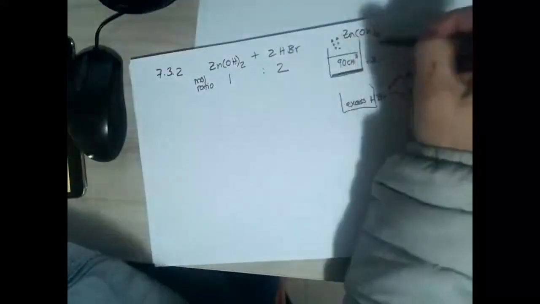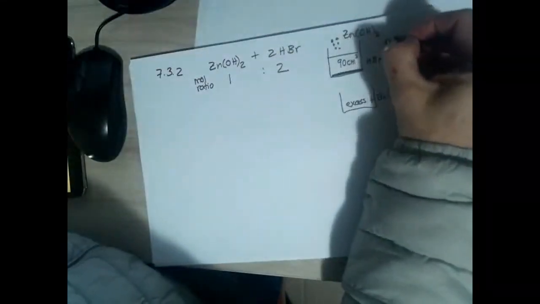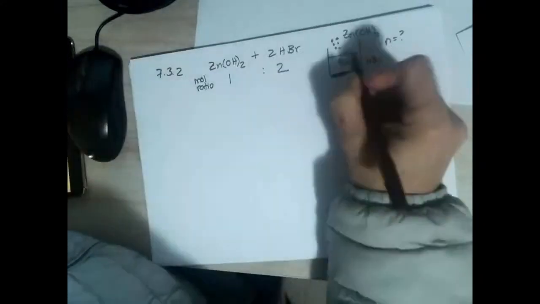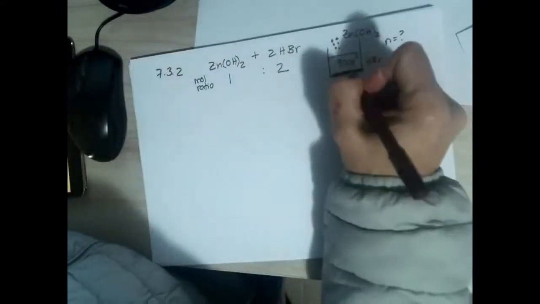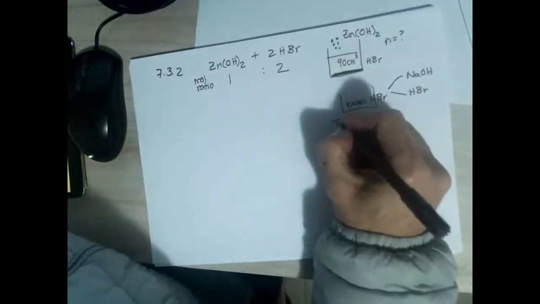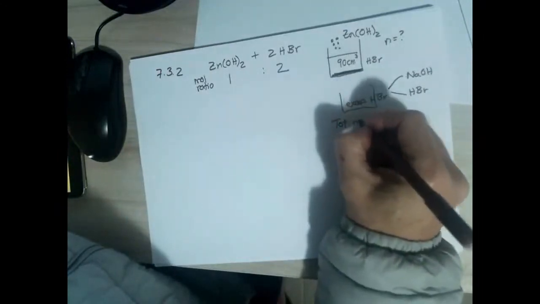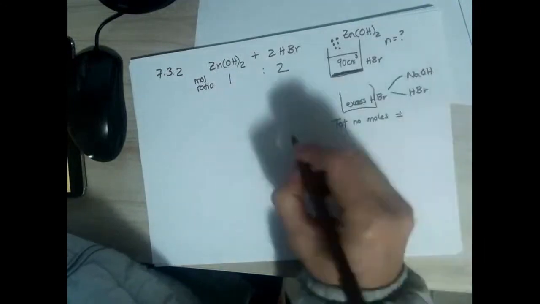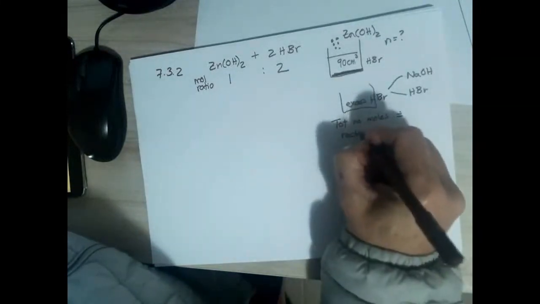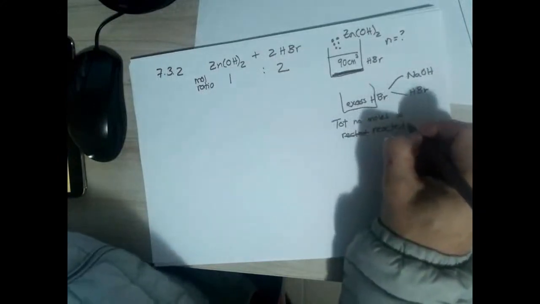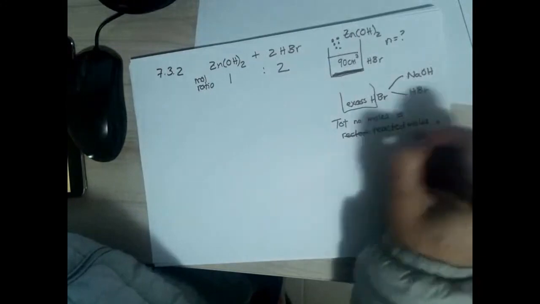If I can figure out how many moles is in my HBr to start with, I knew how many moles I was left with at the end. Okay. So if I take the total number of moles, and I know that that is equal to the reacted moles, plus my excess.